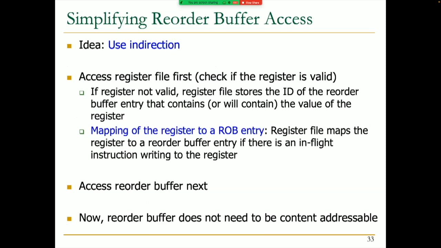If the valid bit is 1 for the source register, that's great. You get the value from the register file. If the valid bit is 0, the register file will contain a tag, a pointer, to the reorder buffer entry that's going to produce that value. And this way, you can directly index into that reorder buffer entry without doing this messy content addressable search. And this is how you can map a register to a reorder buffer entry. The register file maps the register to a reorder buffer entry if there's an in-flight instruction writing to the register.